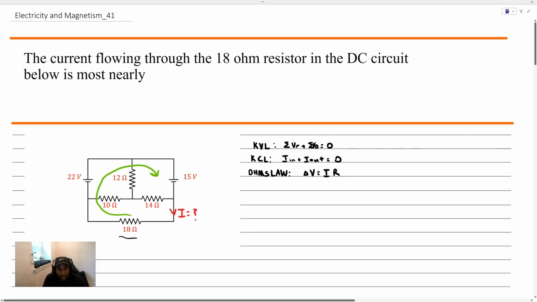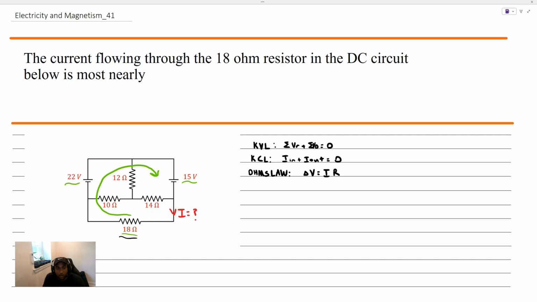You can see that as we traverse that outer loop, we're only going to encounter the source here, and this 18 ohm resistor. So really there's only one unknown current that we're going to be finding here. So yeah, analyzing that outer loop is the best way to go about this.